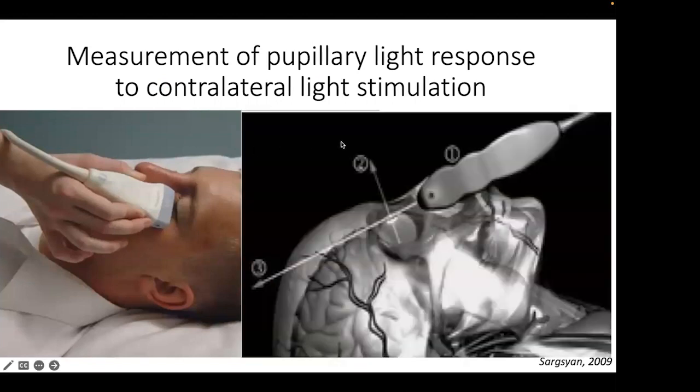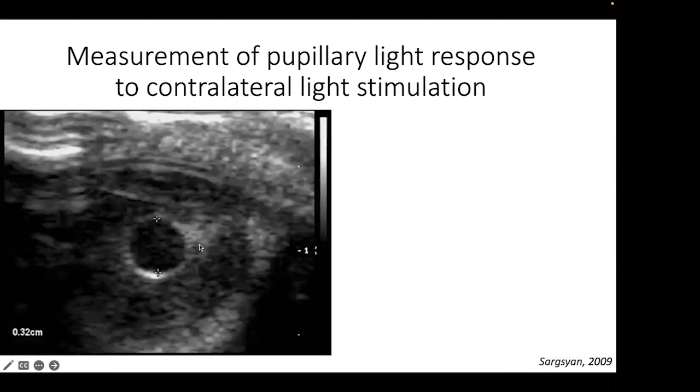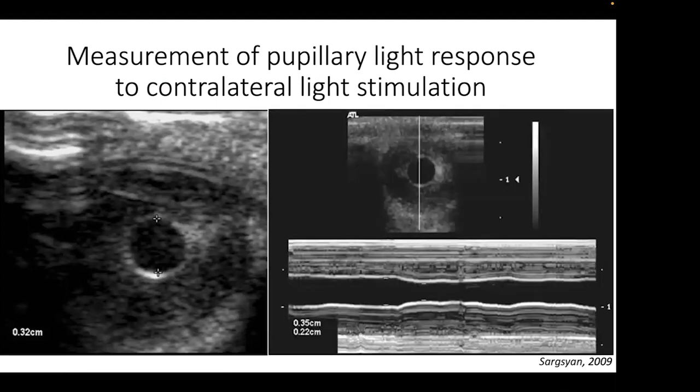If you get the ultrasound perpendicular to the pupil, as is shown in this caricature, you will get an ultrasound image which has a circle, which represents the pupil. If you put M mode on it, it will produce the M mode tracing. And then if you shine light in the contralateral eye, you will be able to measure the pupillary constrictive response to contralateral light stimulation.